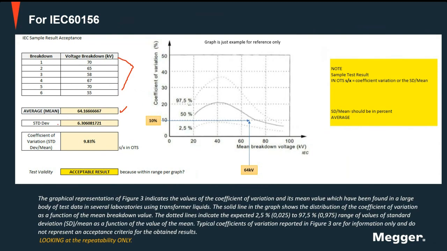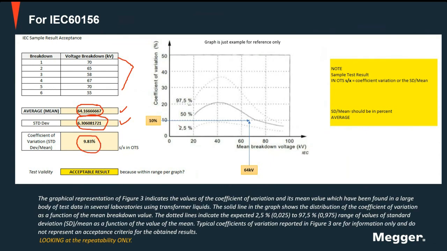I believe everybody knows how to get the standard deviation in Excel. It's very easy to get the standard deviation from Excel. So this is the standard deviation here. Now, we have a thing called the coefficient of variation, which is the standard deviation divided by the mean. So this value divided by this value, you will have this value, 9.83.